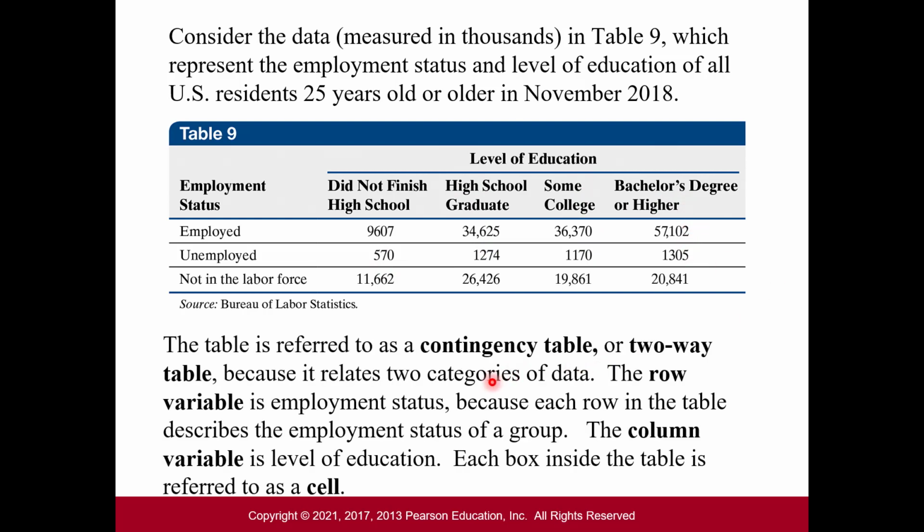This table is referred to as a contingency table or a two-way table because it relates two categories of data. In this case, the row variable is employment status, and the column variable is level of education. Each box inside the table where there are values is considered a cell, where the rows and columns meet.